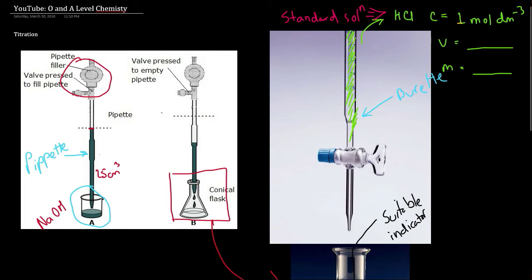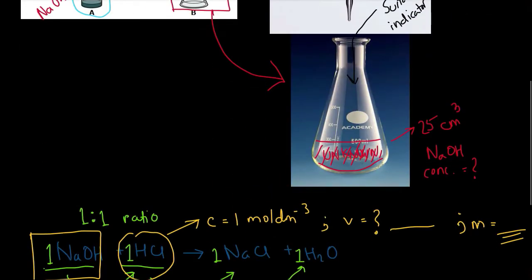So after adding the suitable indicator, we'll start adding the HCl. I'm not going to go into the details of how you perform the experiment because I'm just going to show the calculation at this point. So you keep on adding HCl, and you have the indicator and NaOH in here.